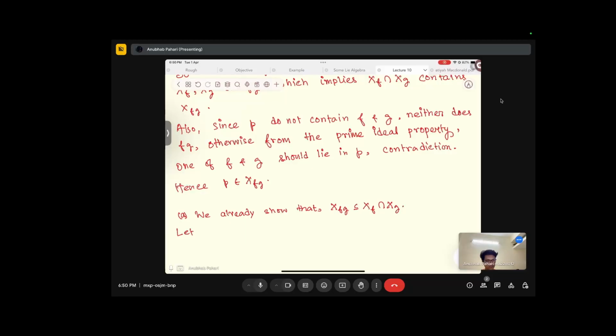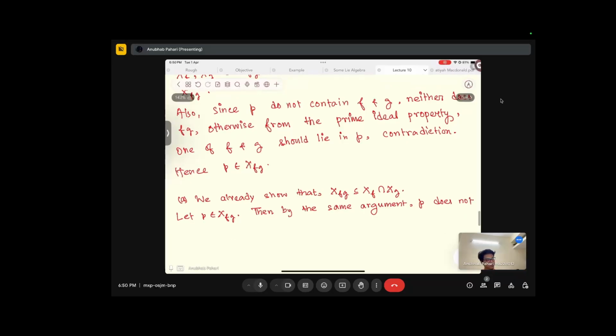Let P belong to X_fg, then by the same argument P does not contain f and g.